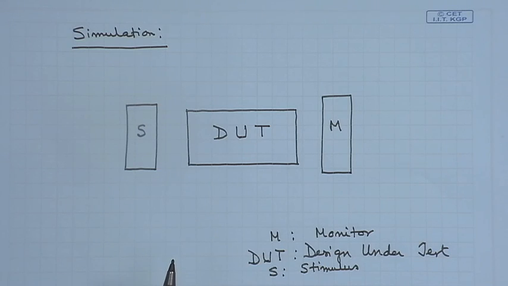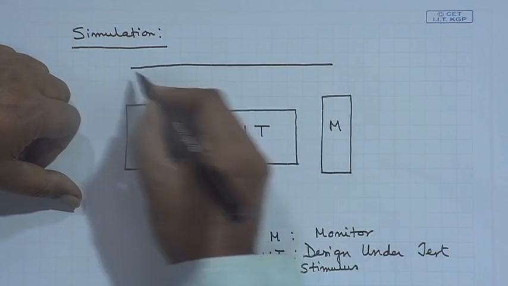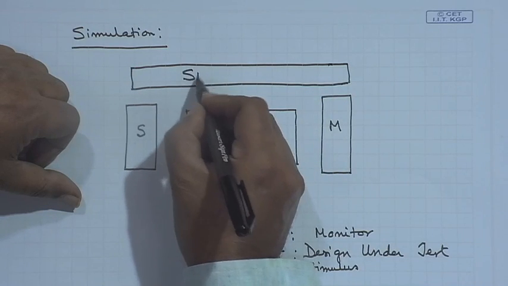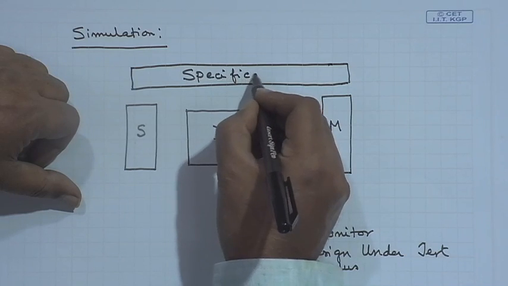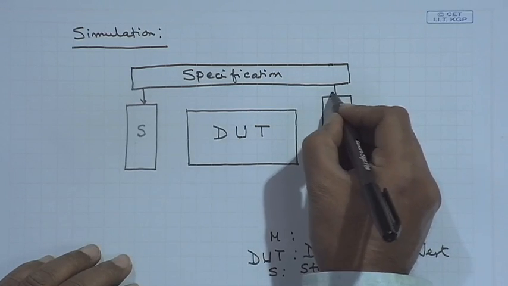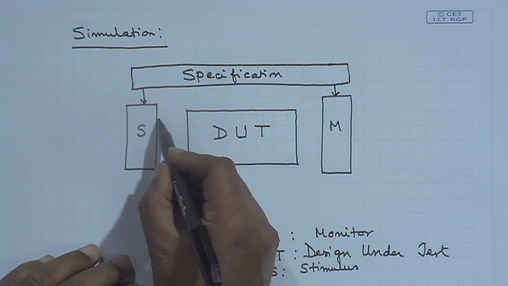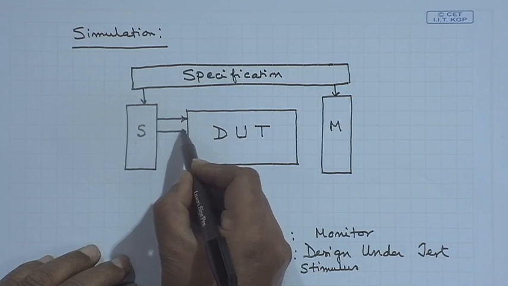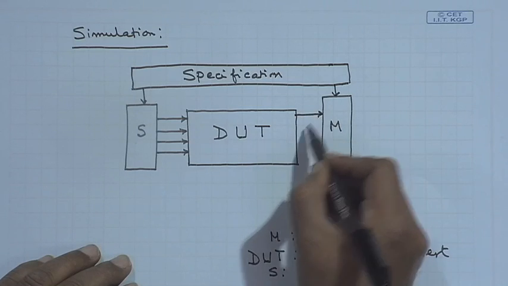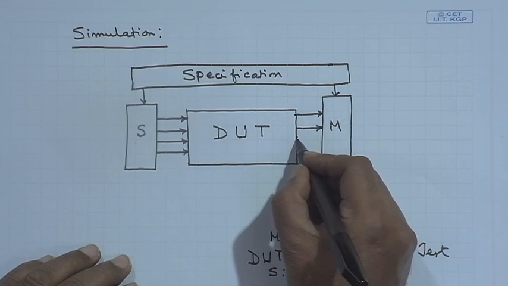And we are feeding the specification to all these, to this and this. This specification will generate the stimulus, and this stimuli will be fed to the design under test, and correspondingly the simulated model of the design under test will generate the monitor output.